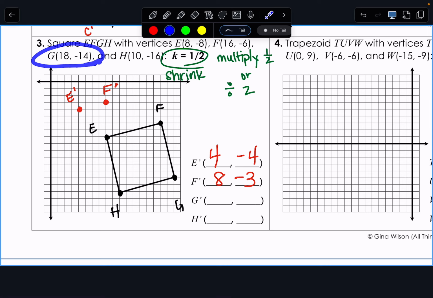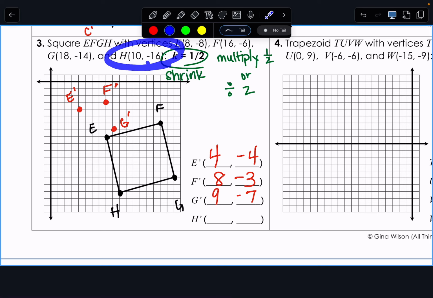G is negative 8, it's positive 18, negative 14. If we divide by 2, if we cut those numbers in half, what's our new coordinate? 9, negative 7. Okay. And then H. 10, negative 16. We divide by 2.